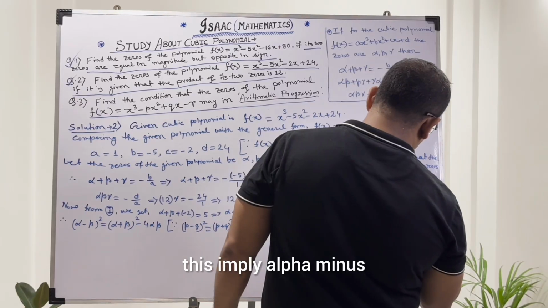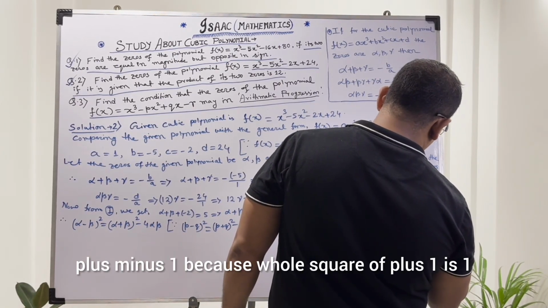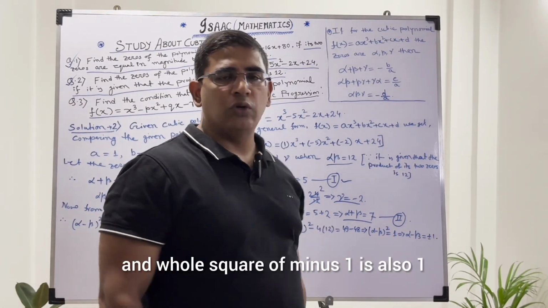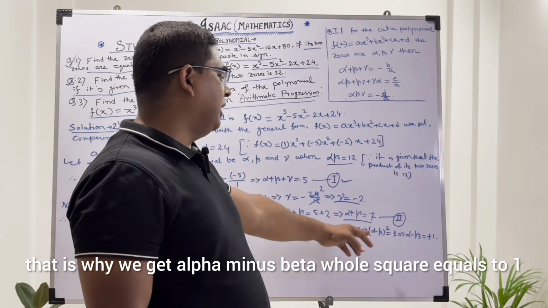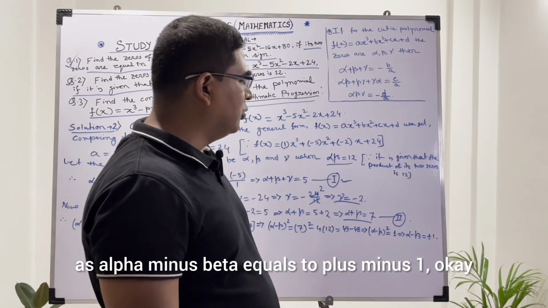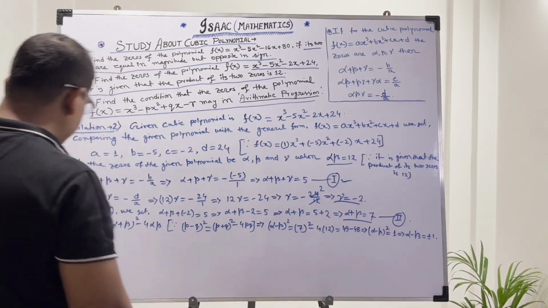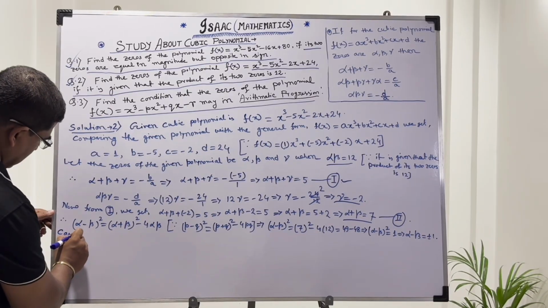This implies alpha minus beta equals plus or minus 1, because the whole square of plus 1 is 1 and the whole square of minus 1 is also 1. That is why we get alpha minus beta whole square equals 1, so alpha minus beta equals plus or minus 1. So we get two cases.